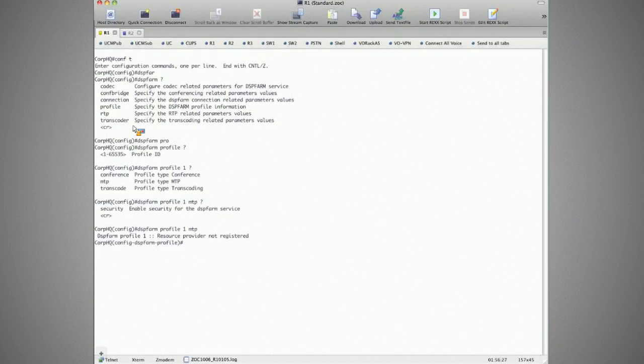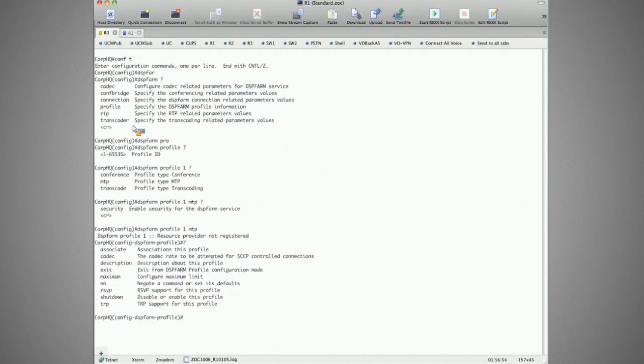So we have to do that, and those are related to the skinny or SCCP commands, seeing as all DSP farm resources are registered to CUCM servers using, of course, their proprietary and very flexible, scalable, because it's proprietary, they can add anything they want to it, protocol. So we'll get into that in just a little bit.